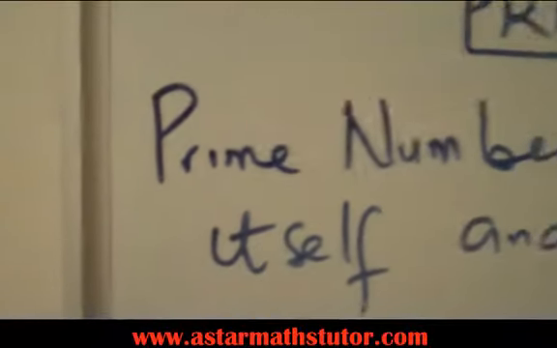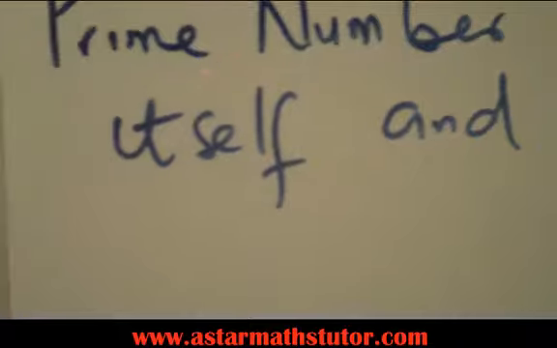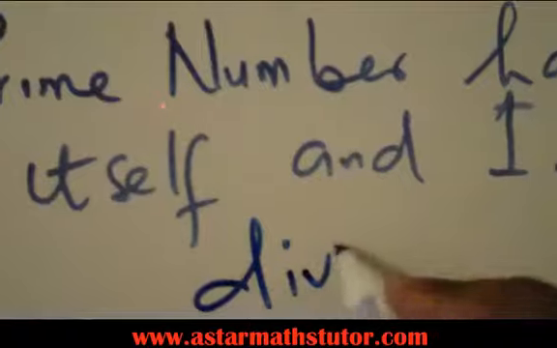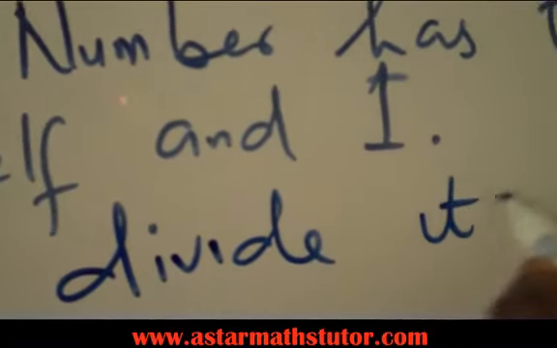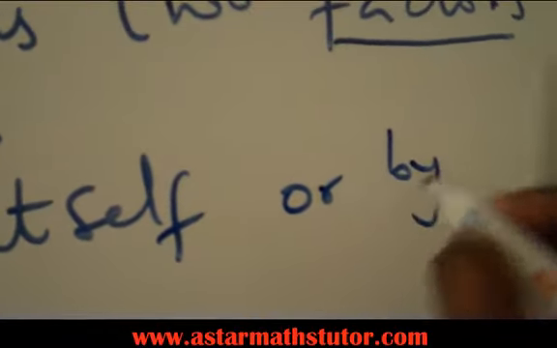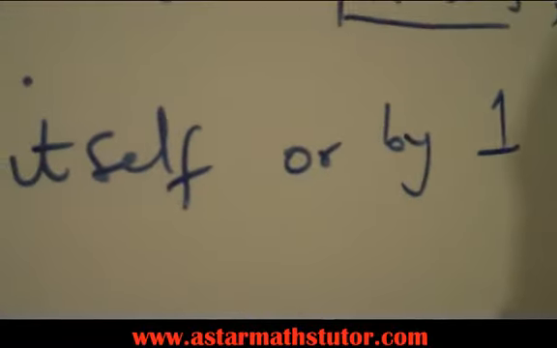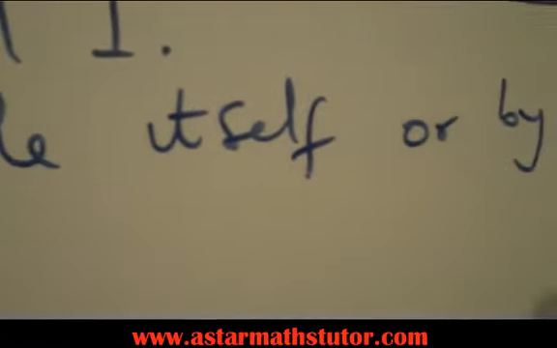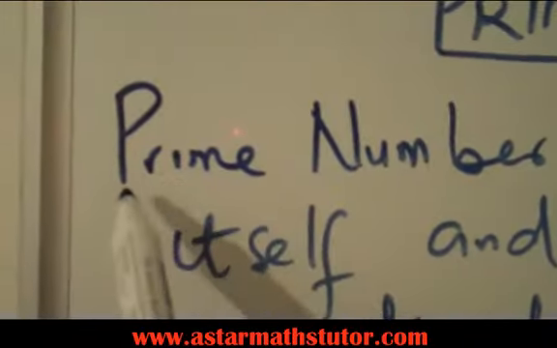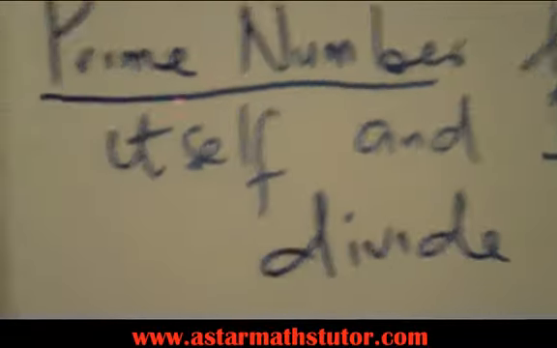So if we're saying a prime number has two factors, we mean it can only be divided by itself or 1. If any other number divides a prime number apart from itself or 1, it will always have a remainder. So prime numbers can only be divided by themselves or by 1 without any remainder.